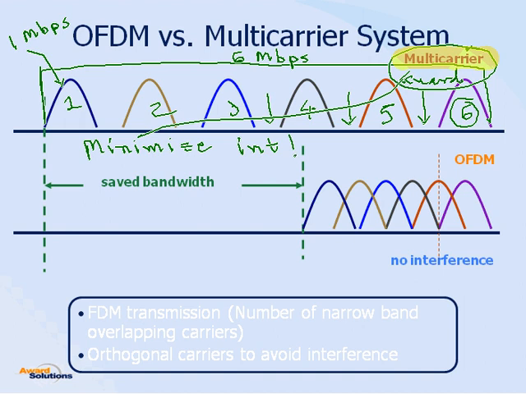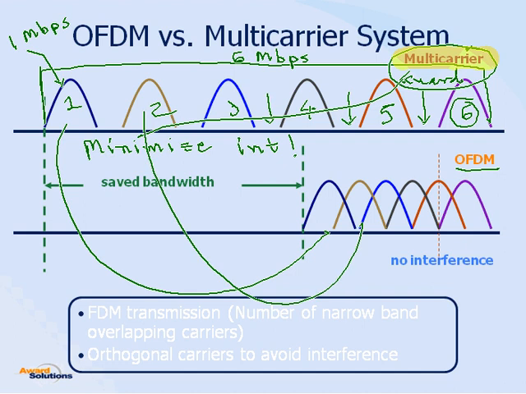Now, if you think of OFDM, then we put all those channels very close to one another. So now there is significant overlap, as you can see here. One carrier and another carrier, very close, significant overlap. In general, when you have significant overlap, you would think there is a lot of interference.